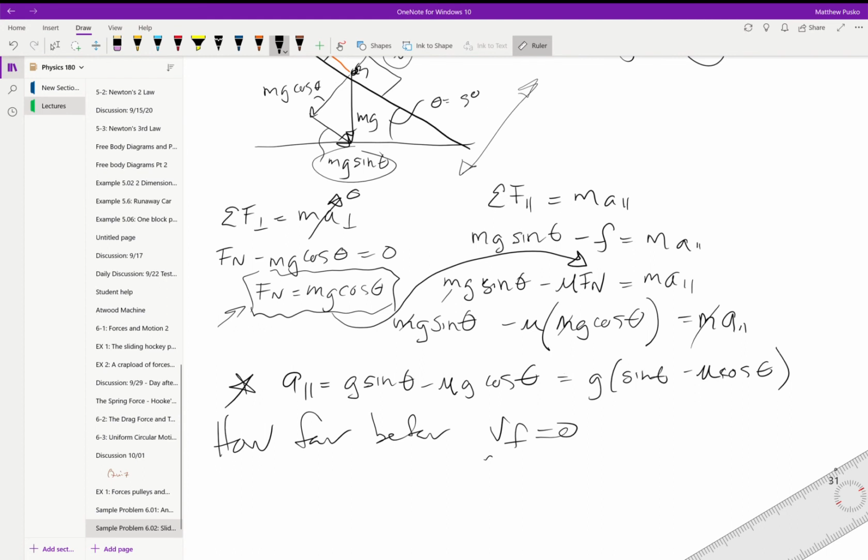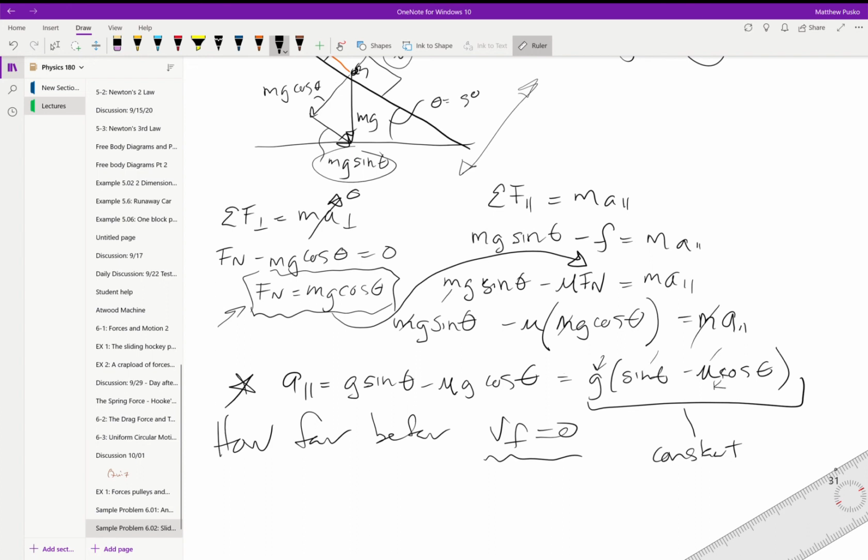Keywords, stopping means v final equals 0, so we can use the same kinematic equation before. This is still a constant value, this whole thing. It is a number. Every one of those things is not changing with time or position. It is just a number, right? Gravity is a number. The sine of the incline is a number.